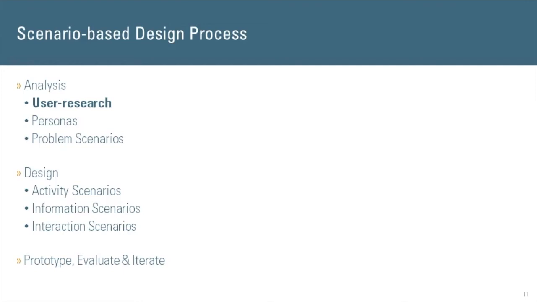Afterwards, you begin to design with activity scenarios where you show what the user wants from the system, information scenarios where you talk about how the information is displayed to the user and how the information will be processed. And lastly, interaction scenarios, which are essentially fully specified design features. I will talk about these types of scenarios in a bit.